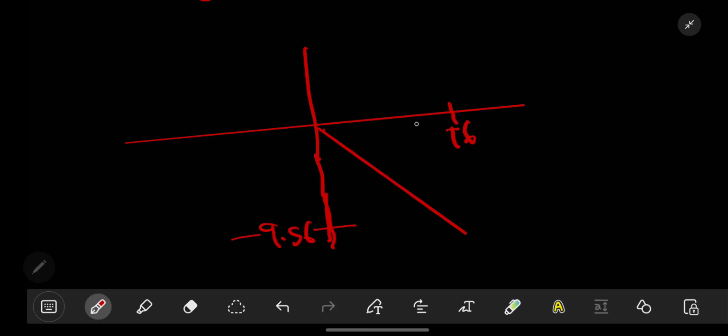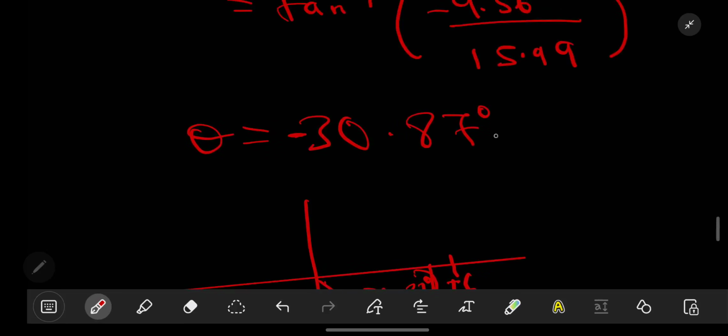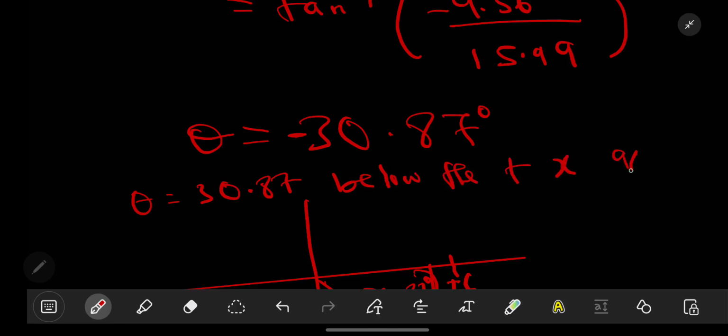This angle is always made between the x-axis and that line. So this angle is our 30.87 degrees. So you can say that theta is equal to 30.87 below the positive x-axis.